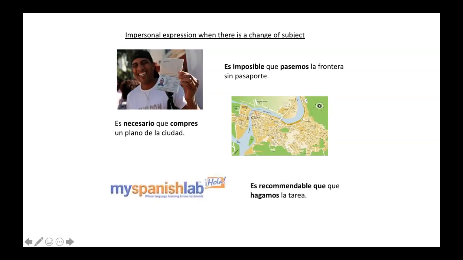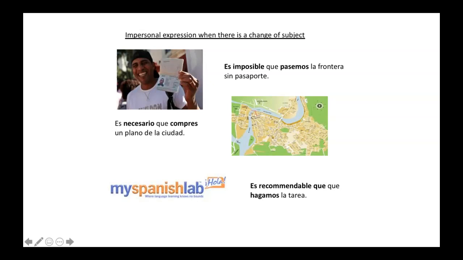Es recomendable que hagamos la tarea. It's recommendable that we do the homework. Hagamos. Again, impersonal expressions: it's impossible, it's necessary, it's recommendable, it's good, it's bad, it's desirable, es ojalá que, es bueno, es malo, es mejor.